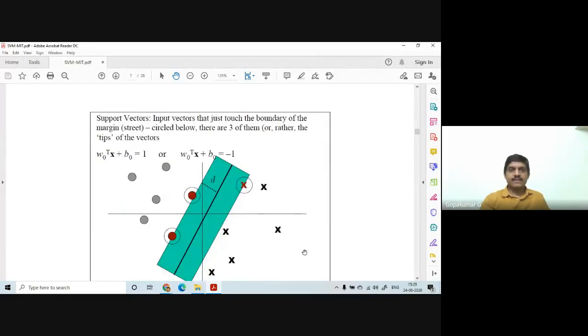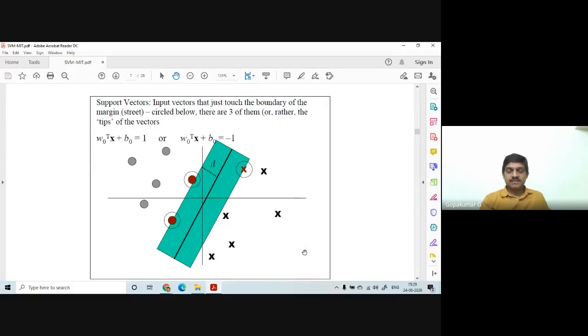Okay, so this picture will make the points more clear. Here you can see these two circles and one cross. There are three support vectors. And you can have the equation for the two parallel lines, that means the hyperplanes that are passing through the support vectors.